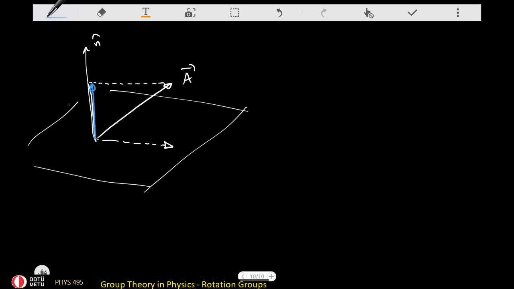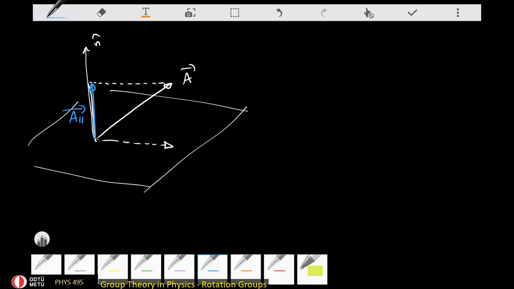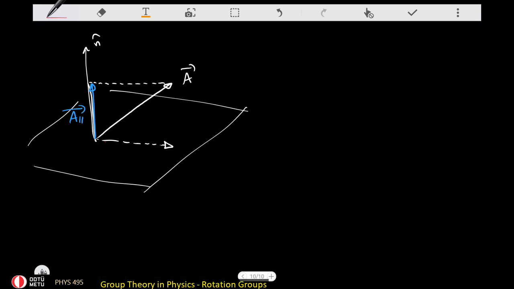The blue one, I'm going to call A parallel, and the other one is red, let's say. The red one, I'm going to call A perp. So A parallel is essentially the component parallel to the rotation axis. So you can write it down like this. This is n times n dotted with A.